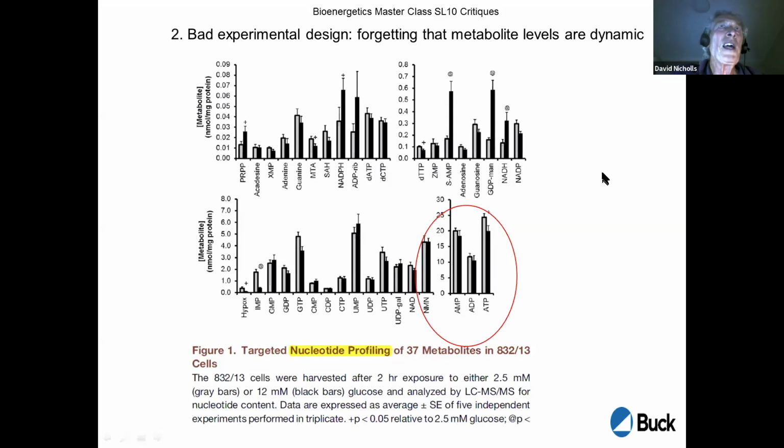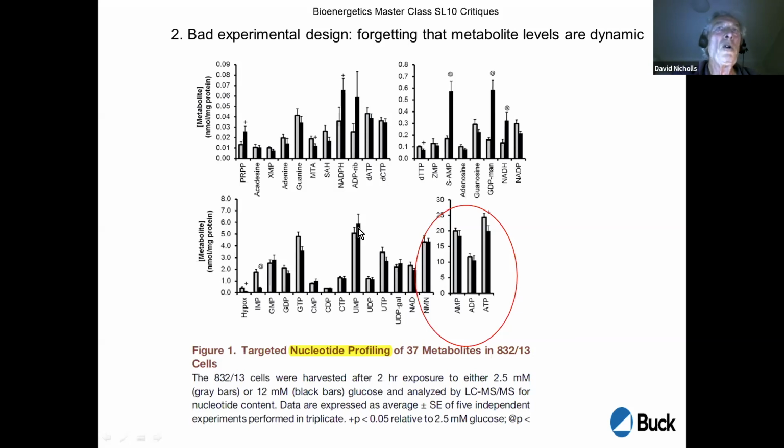And this was a diabetes-related experiment with INS1 cells, where they had a mass spec, and they reckoned they could measure every single nucleotide, including AMP, ADP, and ATP. And they're doing this under two conditions: low glucose in gray and high glucose in black.